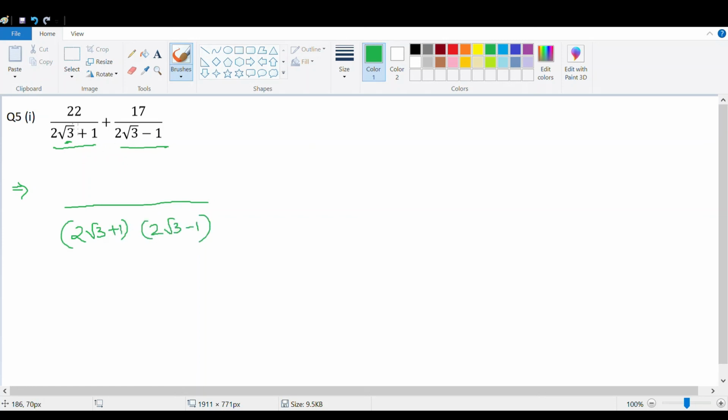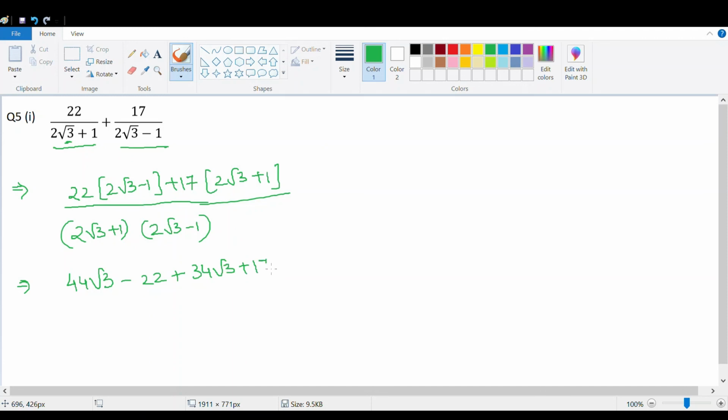That's the LCM. And now in the numerator, I'll have 22 times (2 root 3 minus 1) plus 17 times (2 root 3 plus 1). Let's simplify that. 22 into 2, that's 44 root 3 minus 22, plus 17 into 2, that's 34 root 3 plus 17.